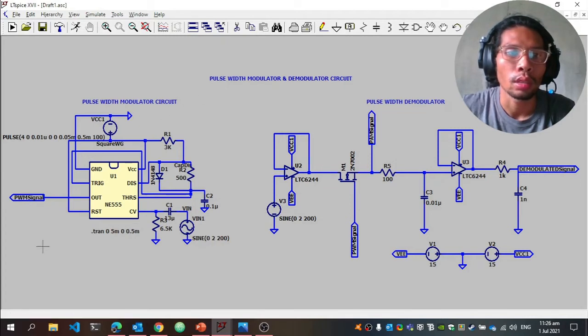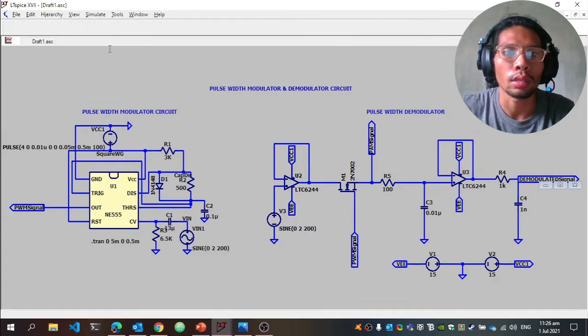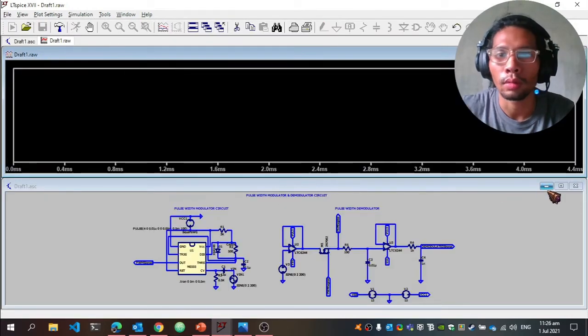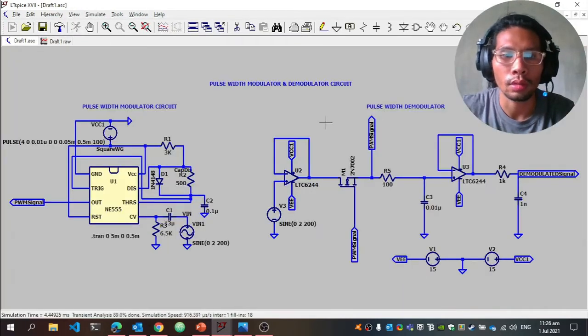Since we already demoed this simulation result, I will still show you the simulated result for the pulse width modulator. So clicking the run button, we can see the input for the pulse width modulator circuit, or the modulating signal as the intelligence signal.